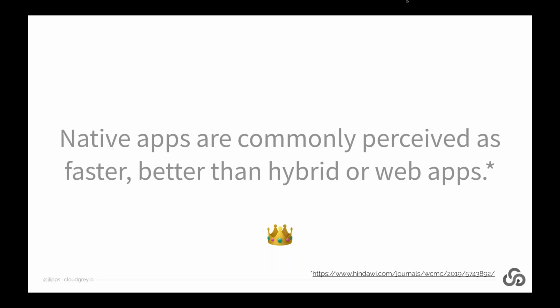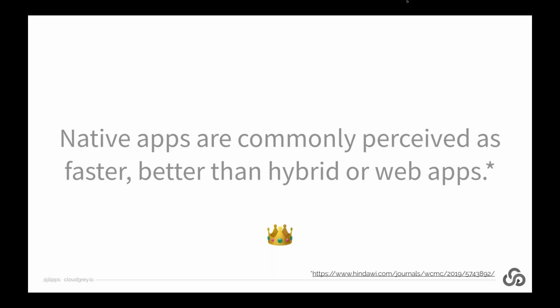It's debatable, but there are places where people have done research that claim, anyway, that from a user perspective, native apps are perceived as faster and better than the alternatives of hybrid or web apps. And we've had high-profile cases of companies like Facebook taking their app from a hybrid version and doubling down on native.